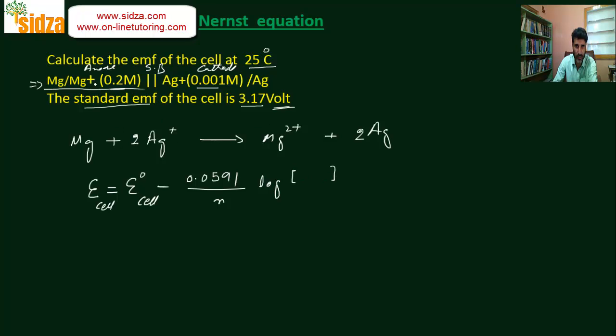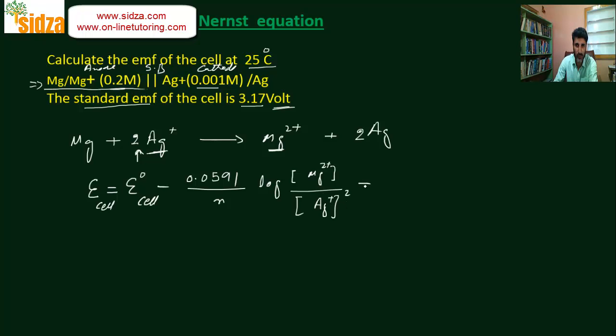So the anode here is magnesium, so we take the Mg2+ ion concentration divided by the concentration of the silver ion at the cathode, Ag+ concentration, to the power 2, because in the balanced equation we have 2 here. So it will be the concentration of the magnesium divided by the concentration of silver squared.